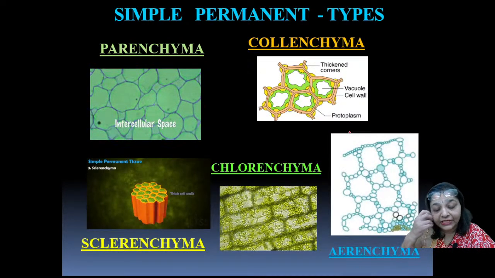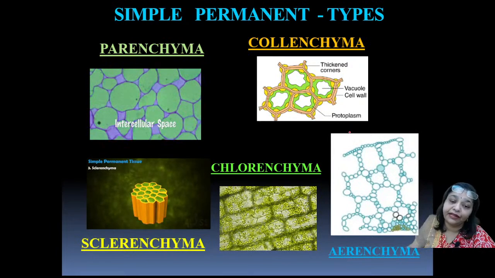Right, let us see the simple permanent tissues and their types. Simple permanent tissues are made up of the same type of cells, only one type of cells. There are three main types of simple permanent tissues: the parenchyma, the collenchyma, and the sclerenchyma.